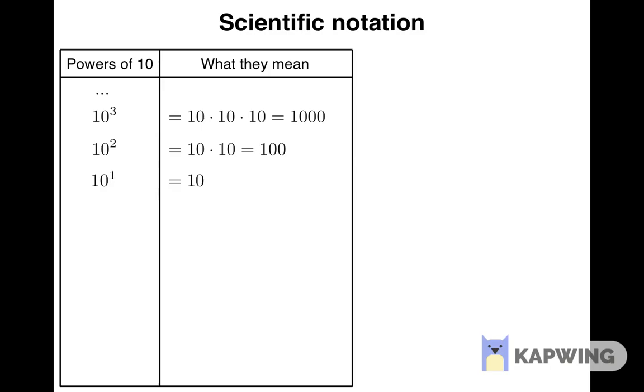We can see that a positive exponent is the same as the number of zeros that follow 1. 1,000, or 10 to the third, is 1 followed by 3 zeros. A negative power of 10 is 1 divided by 10 to a positive power. For example, 10 to the power minus 3 is 1 divided by 10 to the third power, or 1 divided by 1,000, or 1 1,000ths.